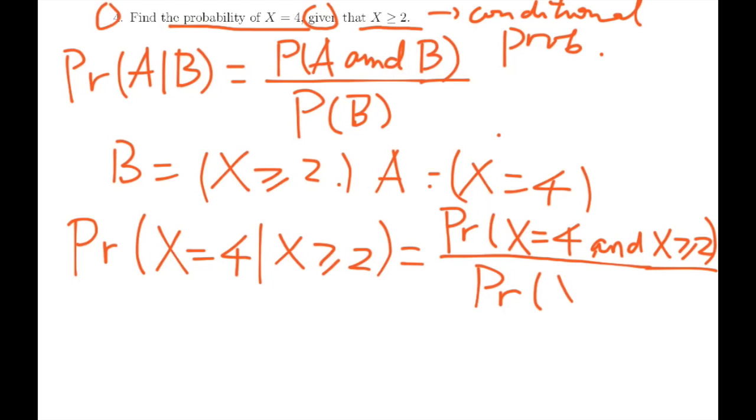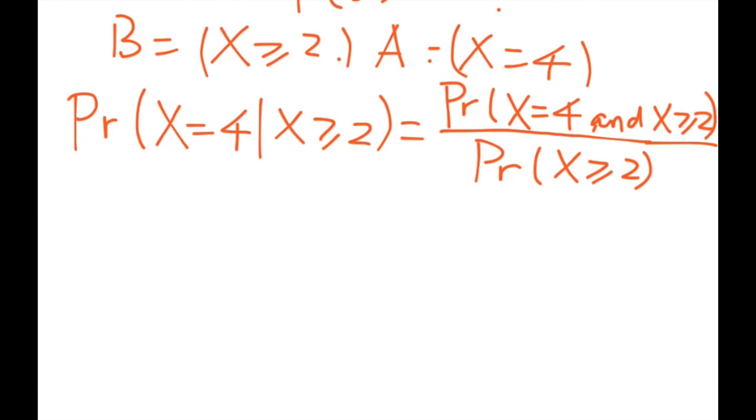For the numerator, it is the probability when X equal to 4 and X greater than or equal to 2. But 4 is already greater than or equal to 2. So we can rewrite the numerator as the probability of X equal to 4.